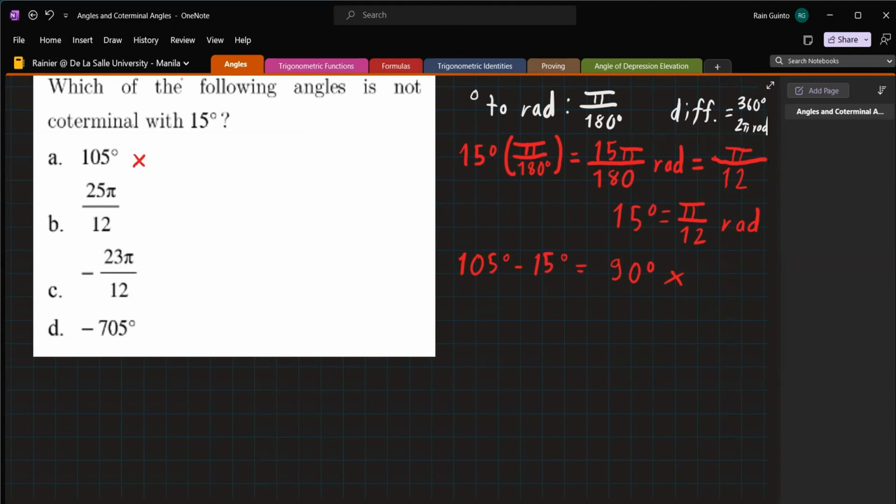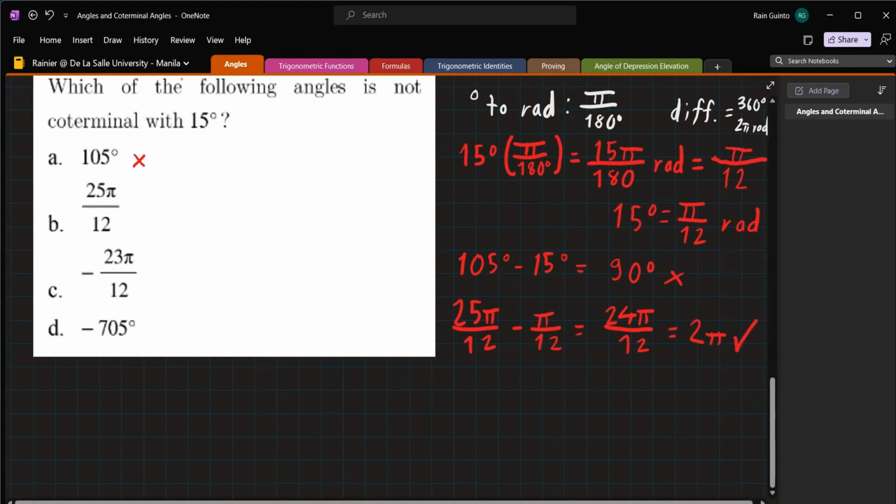So let's check if the others are also coterminal with 15 degrees or not. This one's in rad, so let's do 25 pi over 12 minus pi over 12, which gives us 24 pi over 12, which gives us 2 pi. It's good. How about the remaining two? Let's do negative 23 pi over 12.